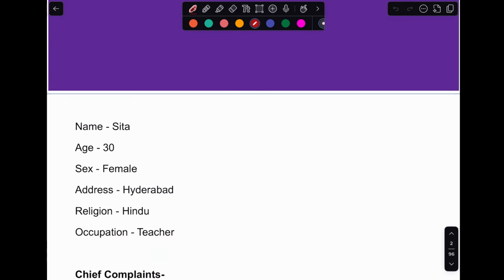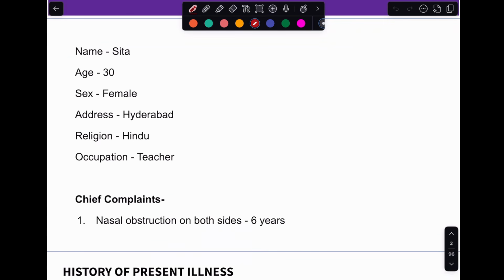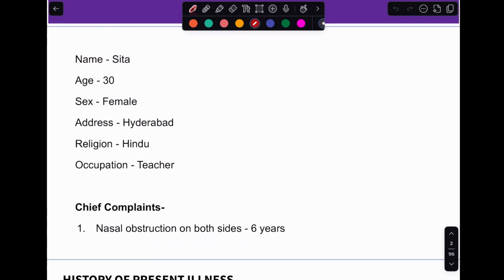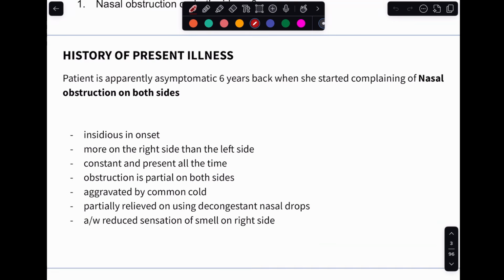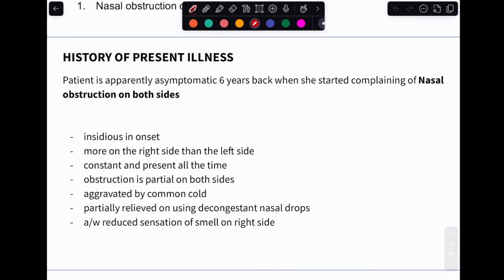Okay, so let's get started. So this is a 30-year-old female residing in Hyderabad who has presented with a chief complaint of nasal obstruction on both sides since 6 years. Now, moving on to the history of present illness, the patient was apparently asymptomatic 6 years back when she started complaining of nasal obstruction on both sides.